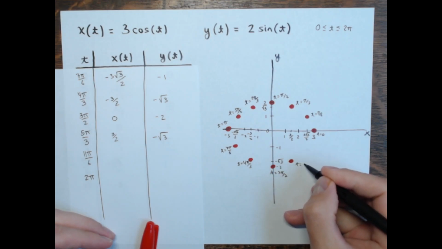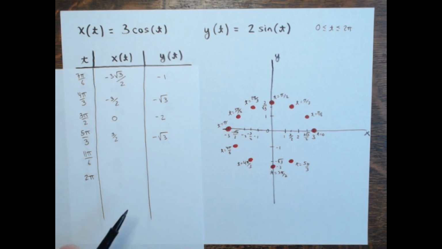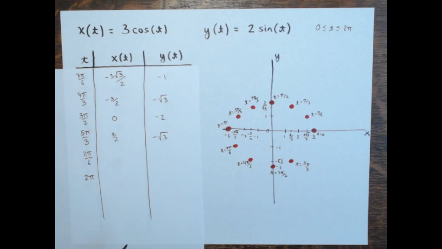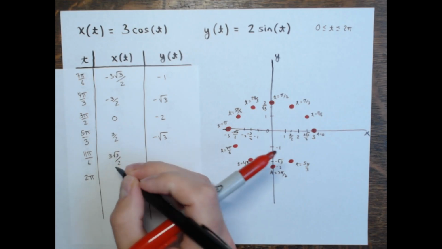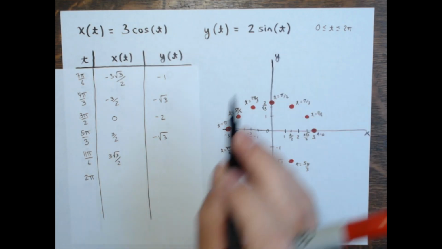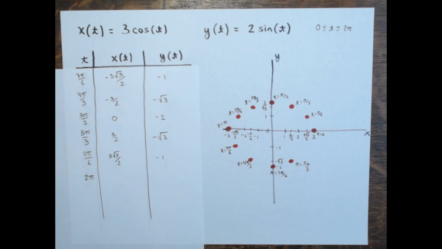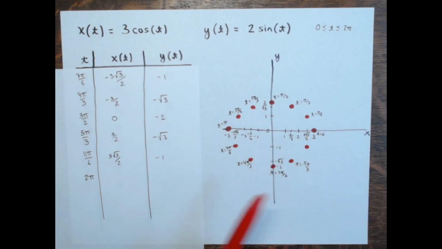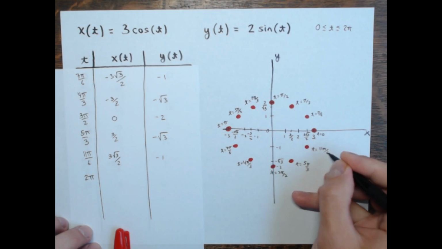This is when t equals 5 pi over 3. And when t is 11 pi over 6, the cosine of 11 pi over 6 is positive root 3 over 2, so times 3 would be 3 root 3 over 2. And the sine of 11 pi over 6 is negative half, times 2 would be negative 1. All right, so 3 root 3 over 2, negative 1. There's that location, t equals 11 pi over 6 there.